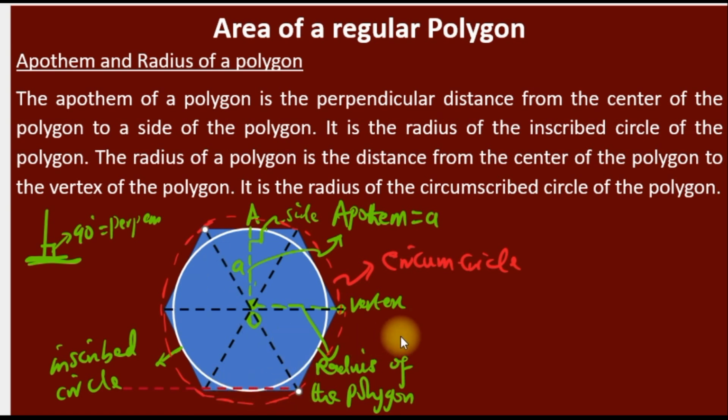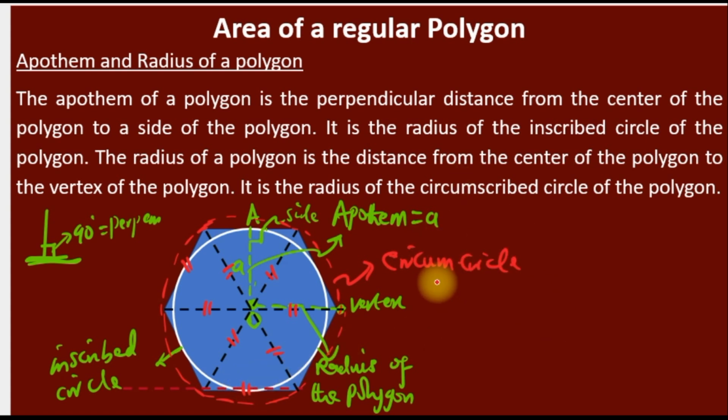So what do you notice? We have 6 equilateral triangles, because this is a regular polygon, so equal sides. This is the radius. What am I trying to derive?